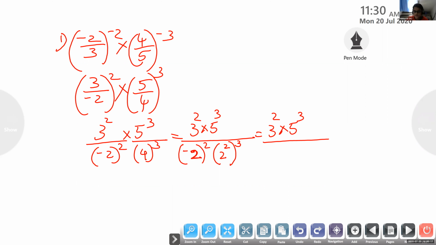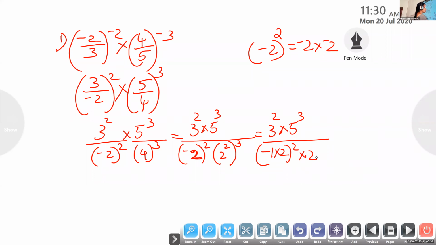Actually, negative 2 the whole square equal to what? Negative 1 into 2, 2 raised to 2. Yes. Negative 1 into 2 the square into 2 raised to 6 we can write. Understood this step? Yes, ma'am.